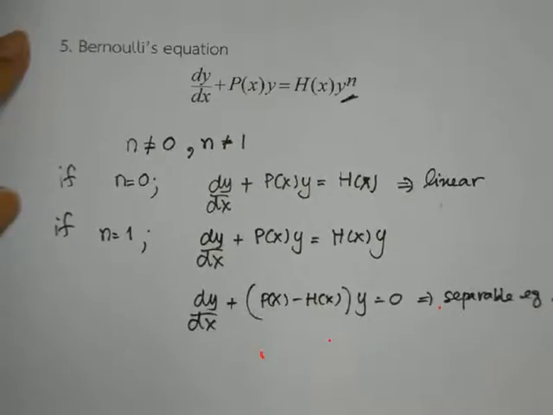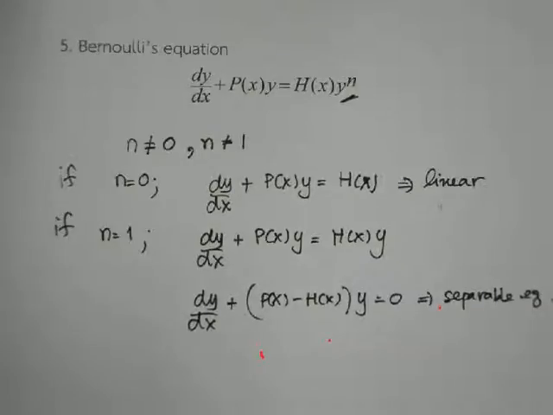So we don't need to use Bernoulli. Okay? So other than that, for other n, it's called a Bernoulli equation.